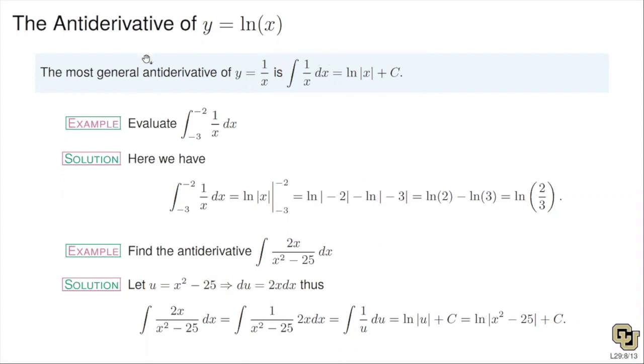And again, the absolute values are important. For the natural log function to be defined, it is possible for x squared minus 25 to be negative. So we've got this new antiderivative rule to memorize, and don't forget the absolute value part is really important.